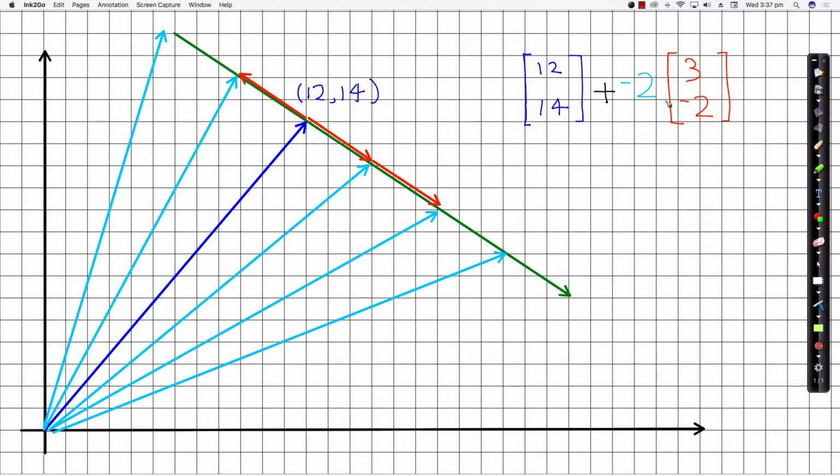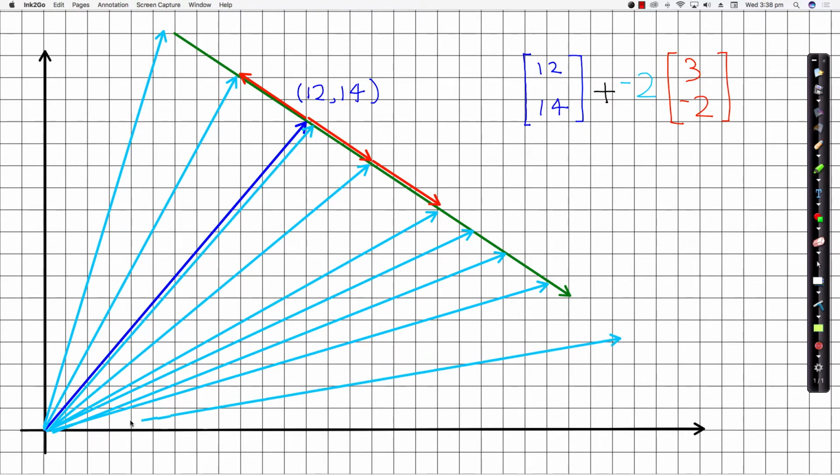Let's just note that we can use any multiple of the red vectors. For instance, we could add the dark blue vector to 3.6 times the red vector [3, -2], or 2.5 times the vector [3, -2], or even 0.1 times [3, -2]. All of the resulting vectors will point to points that lie on the line.